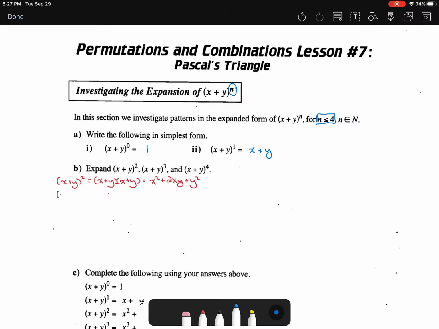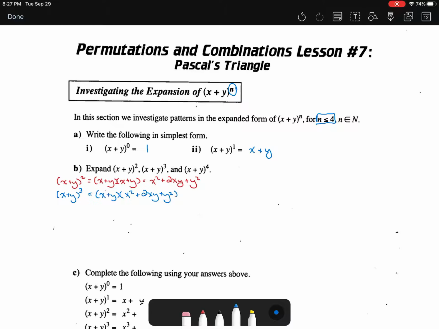When I expand x plus y cubed, so that's x plus y 3 times, isn't it? What that really is, it's going to be an x plus y times x plus y squared, which is what I just determined the product of up above. So that's x squared plus 2xy plus y squared.